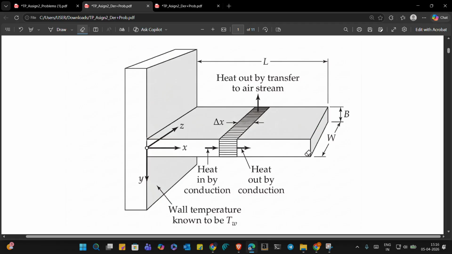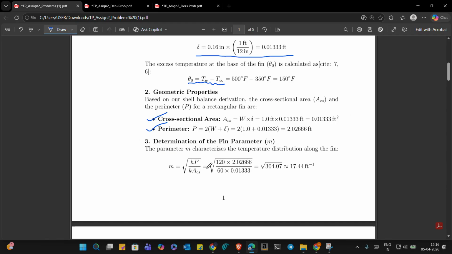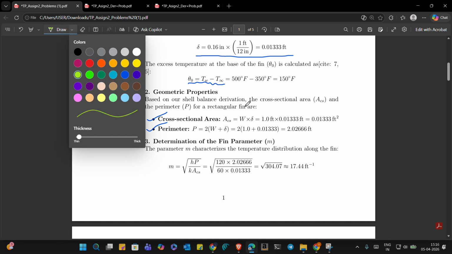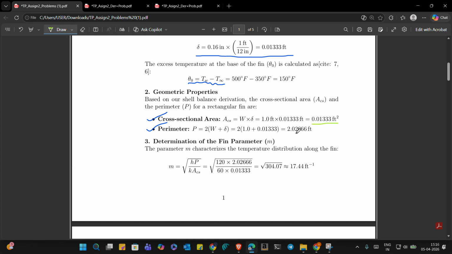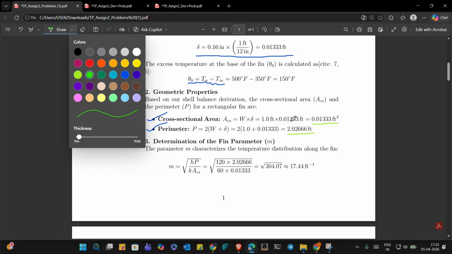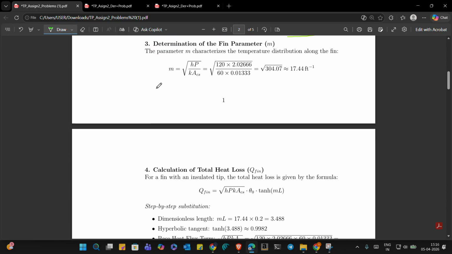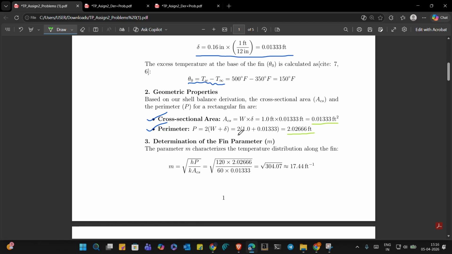This overall area is the cross sectional area. Secondly, we have the perimeter. The perimeter is 2 times width plus breadth. Accordingly, we find those values as 0.133 feet, 0.01333 feet squared, and 2.0266 feet. These values we get from the given data.